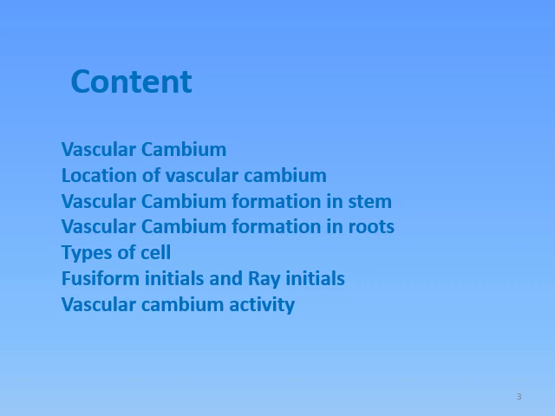Then we reveal the location of vascular cambium within the plant. Then we observe the vascular cambium formation in stem and root. Then we discuss the types of cell. After that, we discuss fusiform initials and ray initials, and in the end, we briefly discuss the vascular cambium activity.